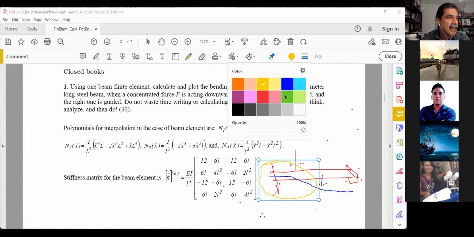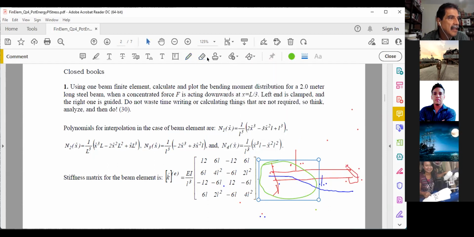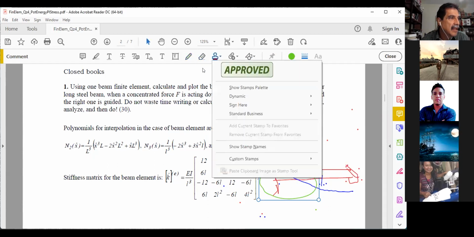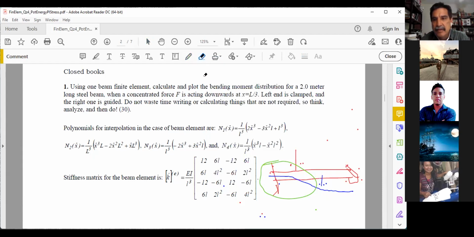Anybody? Why do you say the bending moment in this area is going to be negative?